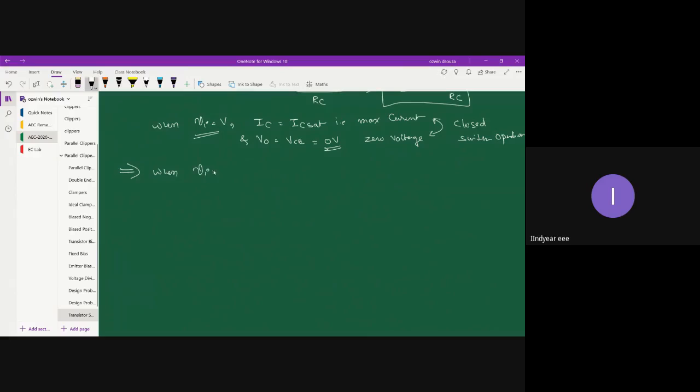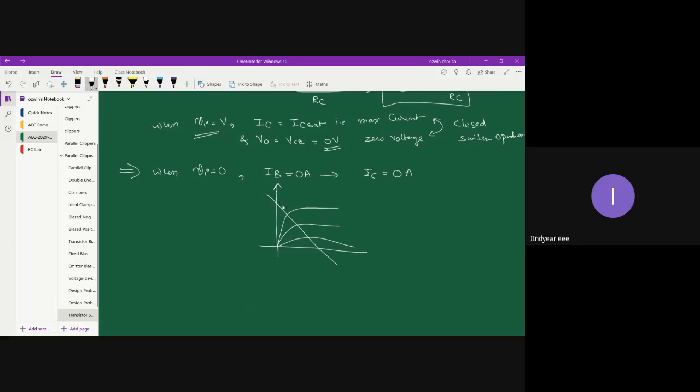When you make your input 0 volt, so when Vi is equal to 0, what happens? Base current becomes 0. When base current becomes 0, the collector current also becomes 0. So when collector current becomes 0, you can once again investigate this circuit scenario using your transistor output characteristics or the load line.